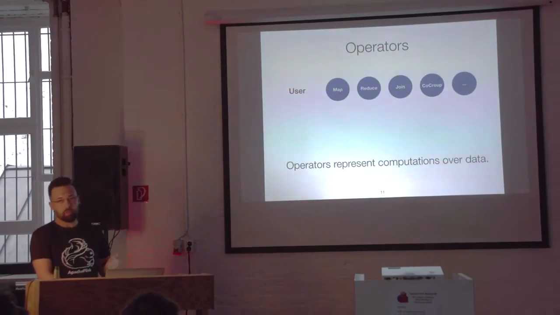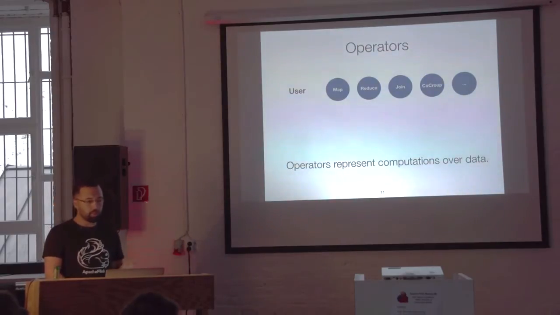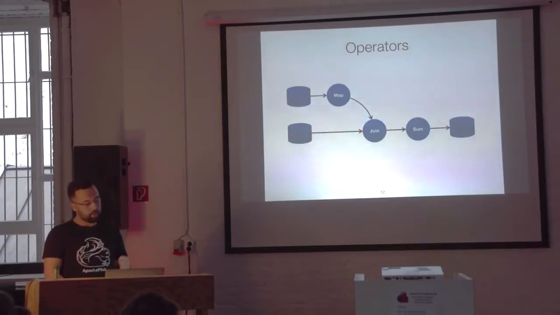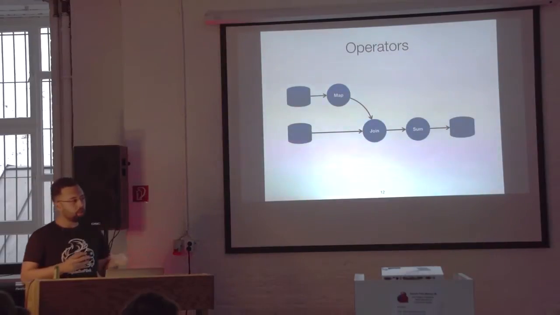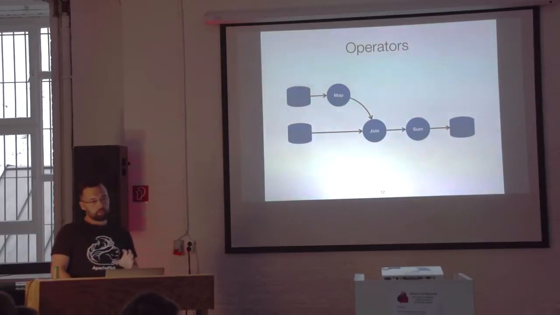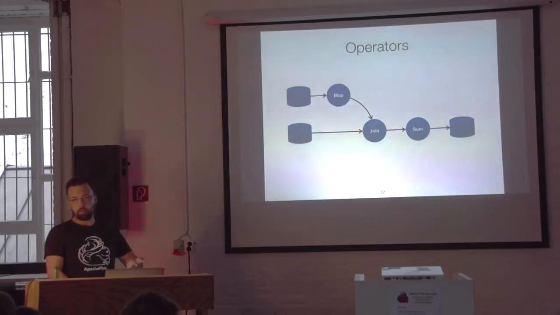And most of you will be familiar with the operators available, most prominently map and reduce. And Flink also has some internal operators for doing the heavy lifting like sorting and hashing. And what you can do with these operators is combine them in a more or less arbitrary way and express your problem. Any questions to this point?